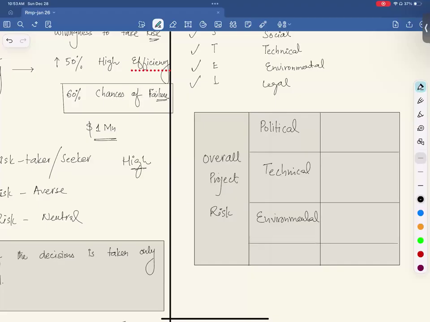Now, within political, you further divide into subcategories.